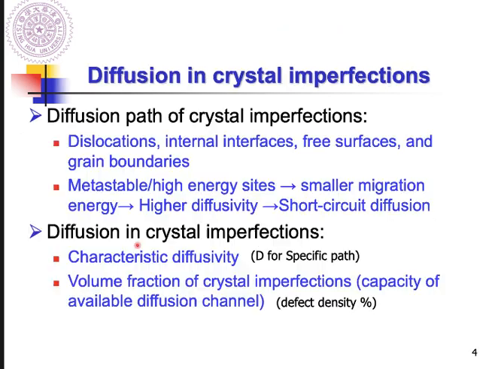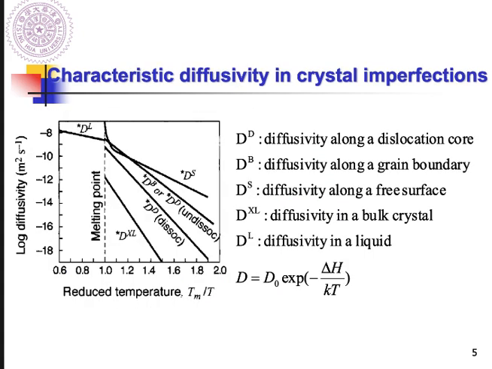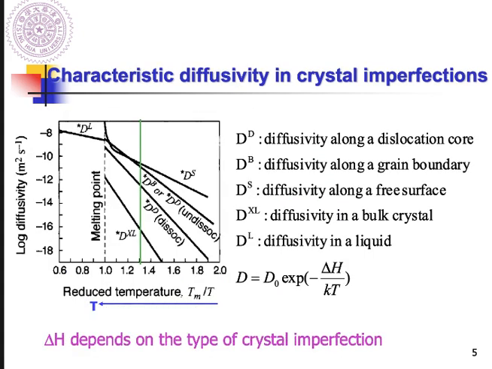And this is consistent with what we have here, right? Because the atoms at these crystal imperfection sites have higher energy, that leads to a smaller activation energy, and so to a higher diffusivity. Okay, so that's back to these figures.